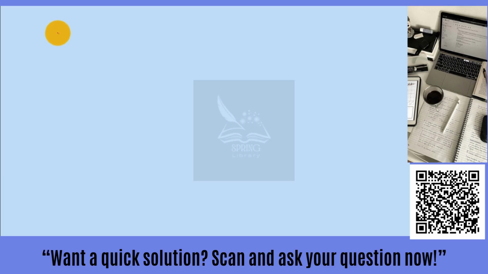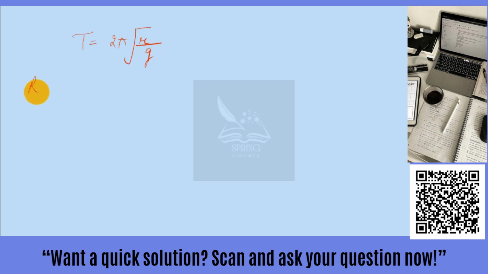Q1. There is a satellite revolving around the moon close to it. The time period of revolution is 110 minutes. We need to find the free fall acceleration on the surface of the moon. By using this equation, capital T is equal to 2 pi under root small r upon g.